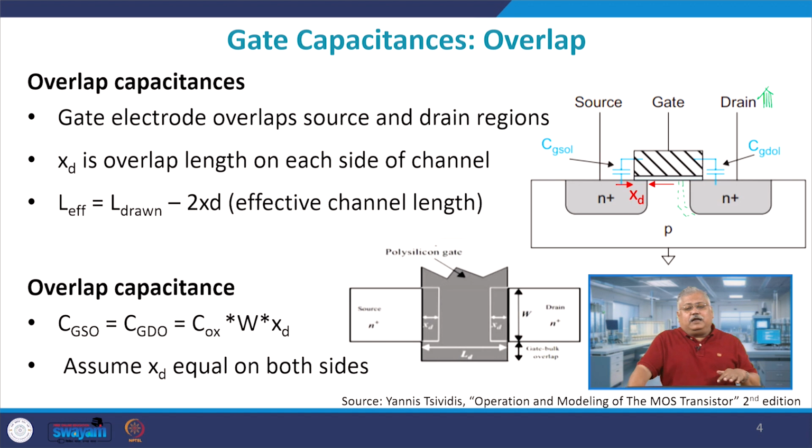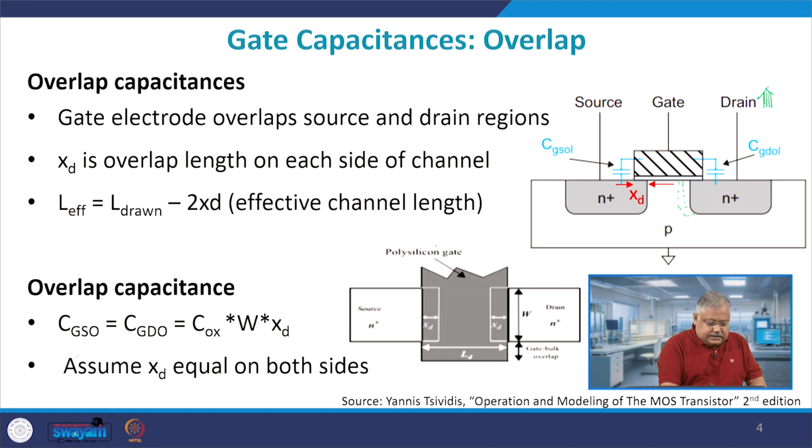So your L effective, which I have shown here as L drawn minus 2XD, will be much lower even than that, and therefore the current will increase, because current is directly proportional to W by L.